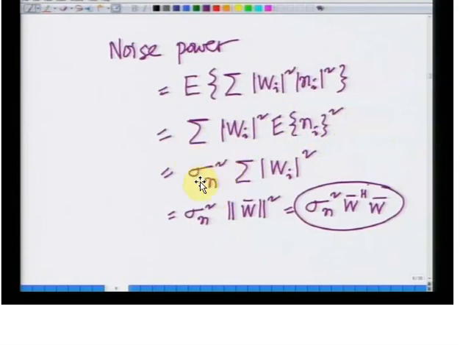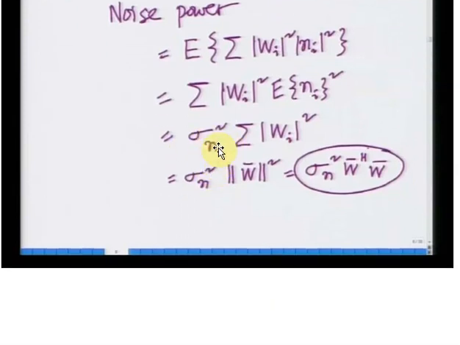Finally, the noise power is given by sigma n squared times the sum of the magnitude of Wi squared. The sum of the magnitude of Wi squared is the Frobenius norm squared. So finally the noise power is sigma n squared times the squared norm of W bar, which is sigma n squared times W bar Hermitian W bar.